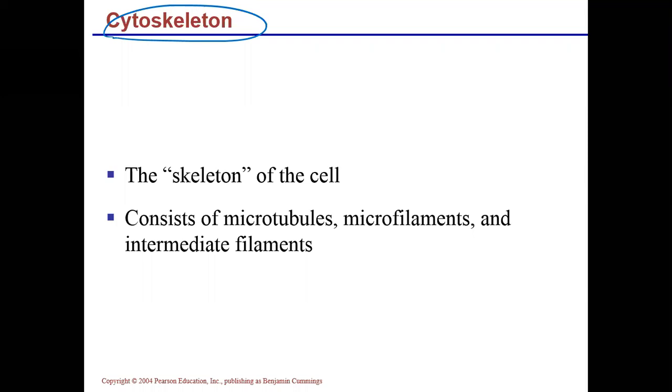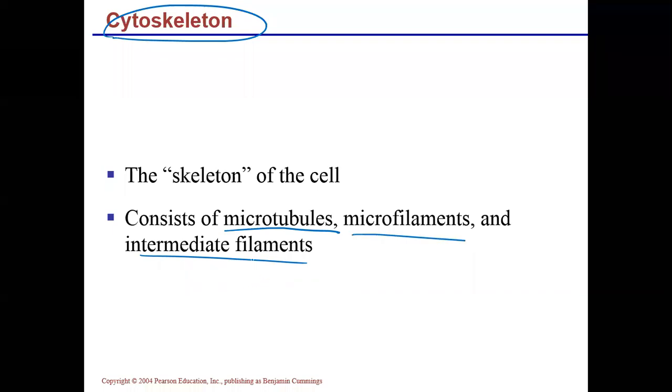Also, a lot of these cytoskeletal elements might play an important role in movement, especially the microfilaments in the muscles. It comes in three different shapes: microtubule, which is the largest; microfilament, which is the smallest; and intermediate filament, which is something in between.